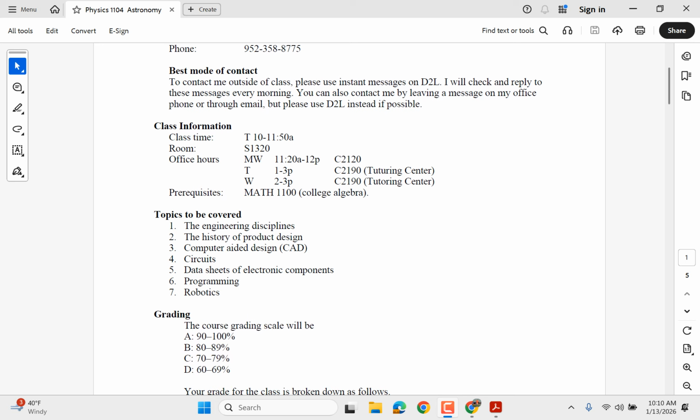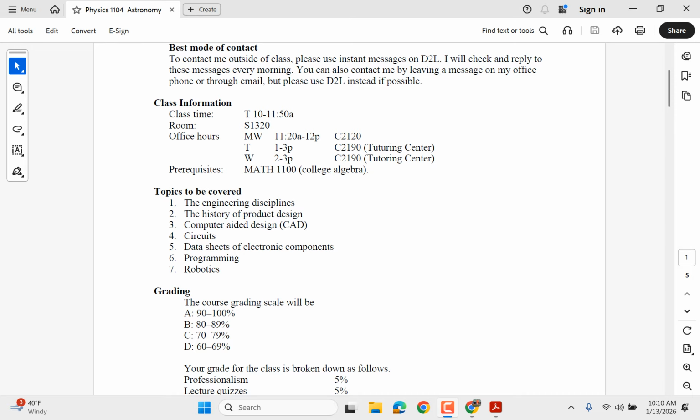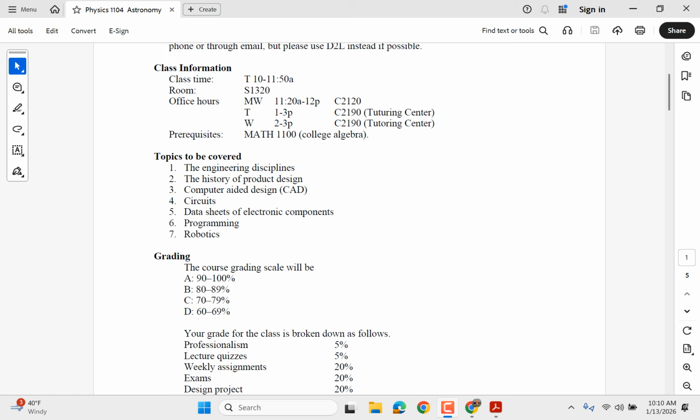The only prerequisite for this class is college algebra. And the topics to be covered in this class: we're going to spend a week or two just talking about the different engineering disciplines.